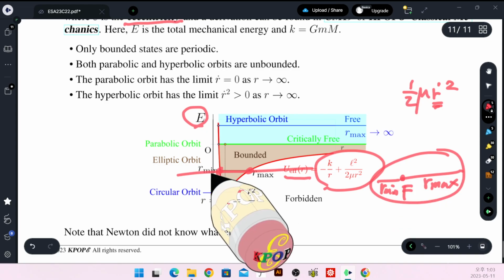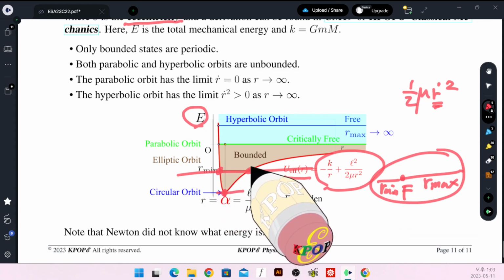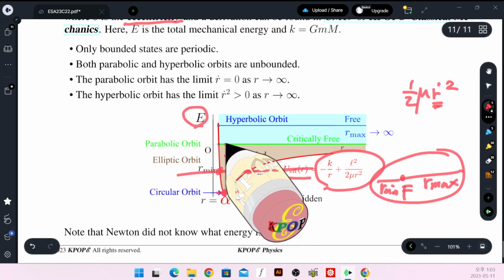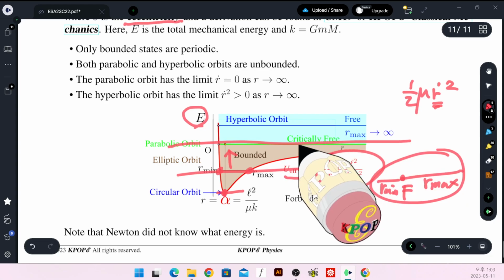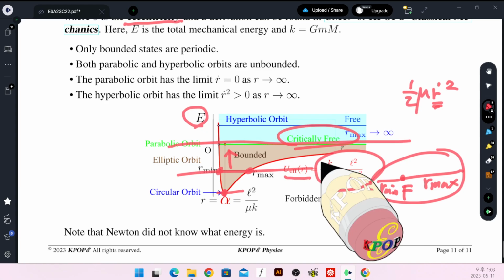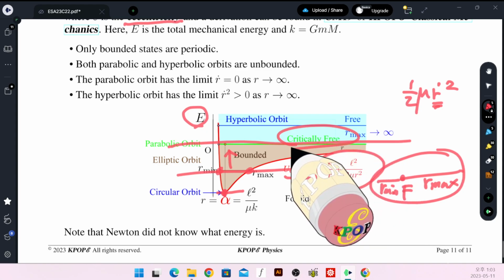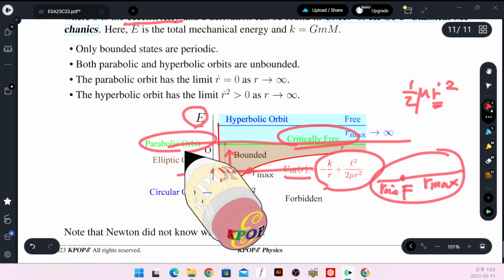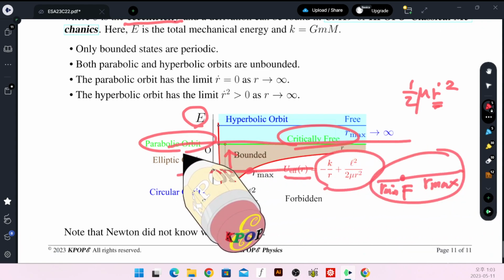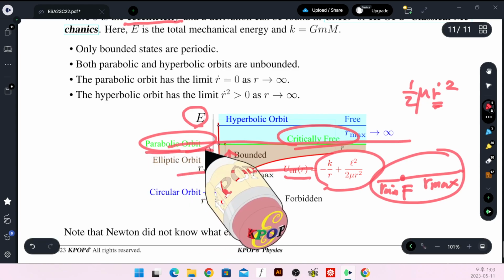And then if you increase further to let it become critically free, that is closely related to the escape velocity, 11 kilometers per second. At this escape velocity, in the limit as r goes to infinity, it almost stops. That is a parabolic orbit.